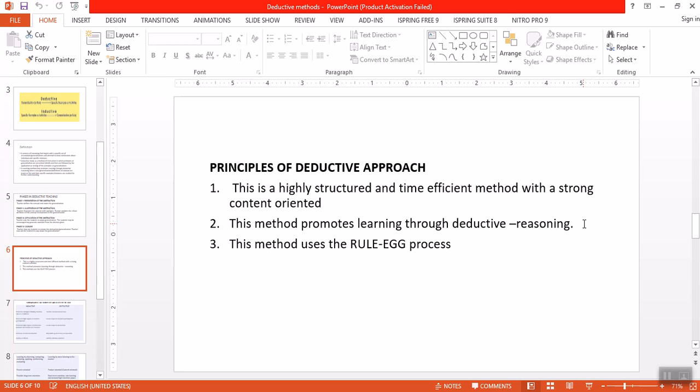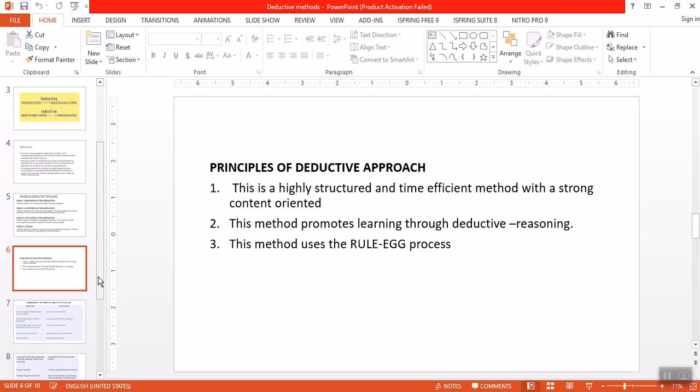When the processes are known, then obviously they should be able to tell the examples. So this method uses the rule-eg process. Previously in the inductive we saw the eg-rule process. Here we are seeing the rule-eg process. Please keep in mind, the eg-rule process is for inductive reasoning.